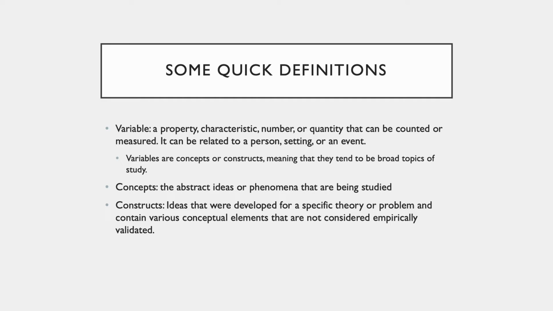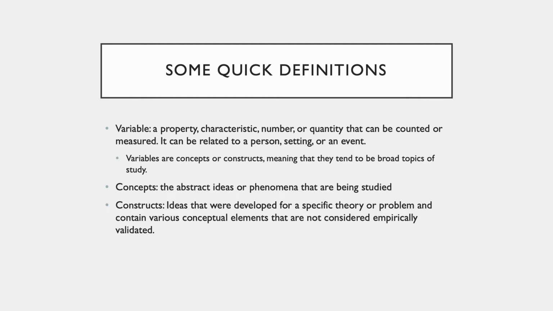The first is variable. A variable is a property, characteristic, number, or quantity that can be counted or measured. It can be related to a person, setting, or an event. Variables are concepts or constructs, meaning that they tend to be broad topics of study.